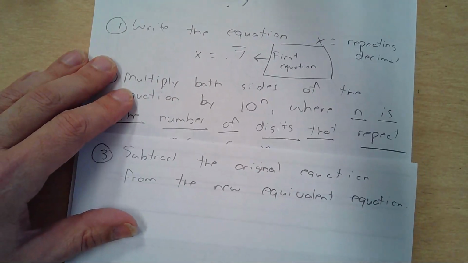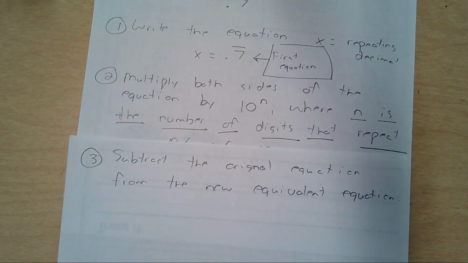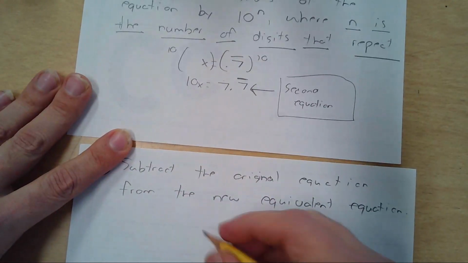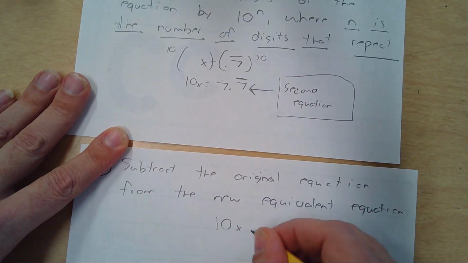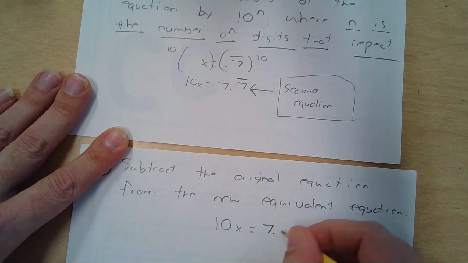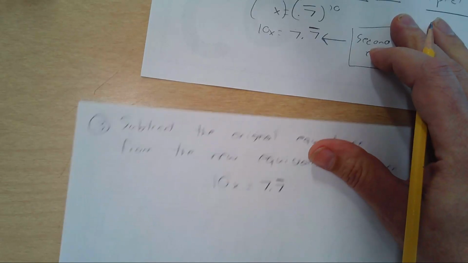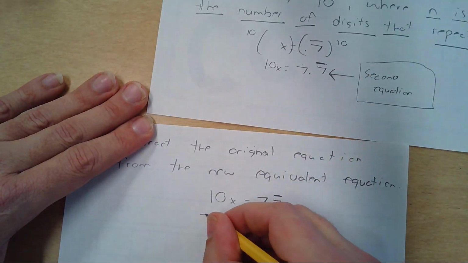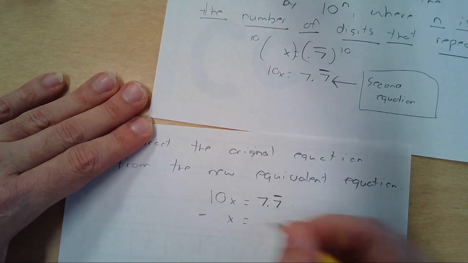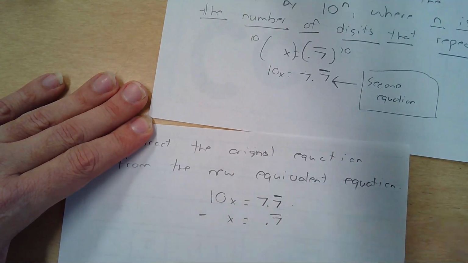So to do step 3, we need the two equations. Basically I take my new equation here, which was 10x equals 7.7 with the 7 repeating. Now I subtract my first equation, which was x equals 0.7 repeating.